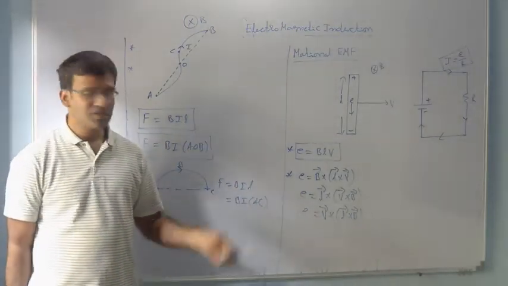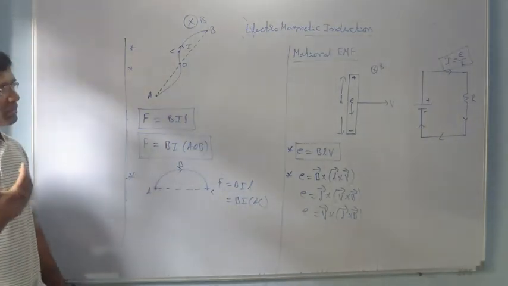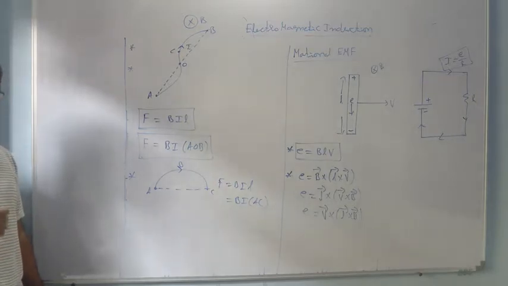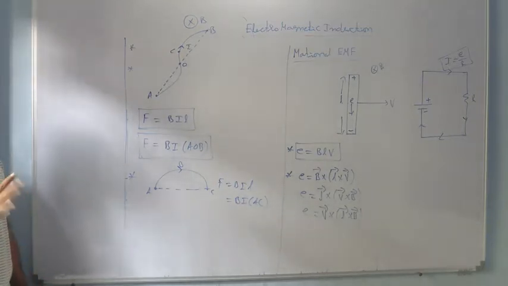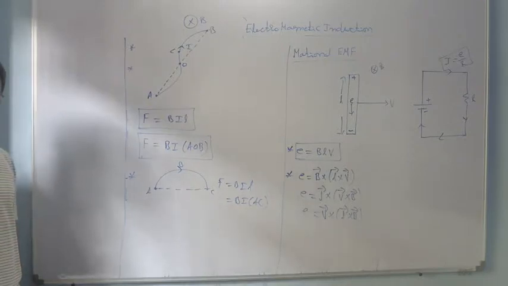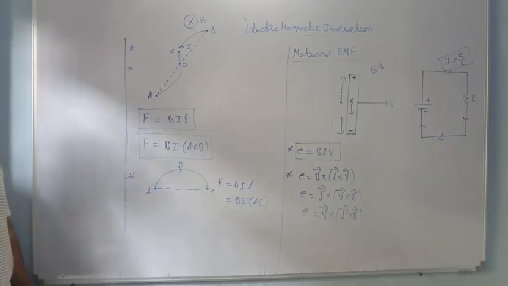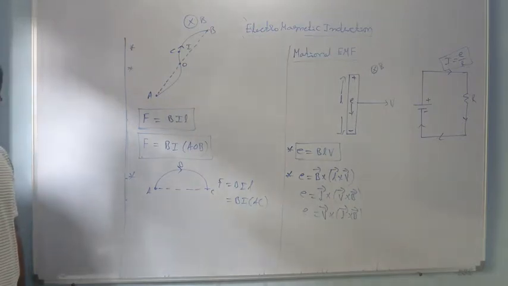The main point you need to understand is the accumulation of charge. Second, the direction of EMF when it is generated, which they will ask in many competitive exams. So what do you understand here? When the conductor is moving towards the right, with the magnetic field into the board, what is the EMF direction?